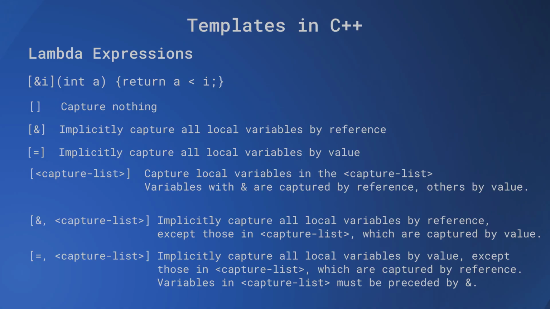Equal to, comma, capture list implicitly captures all local variables by value except those in the capture list which are captured by reference, and these variables in the capture list must be preceded by an ampersand.